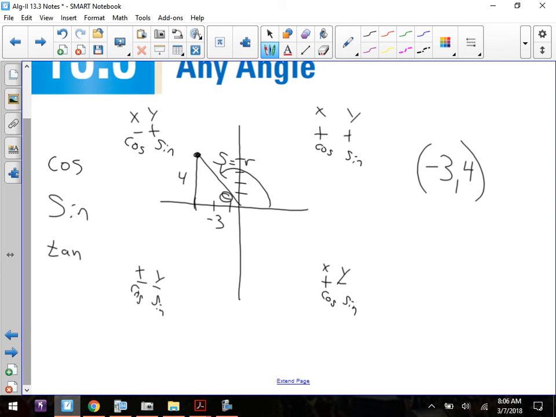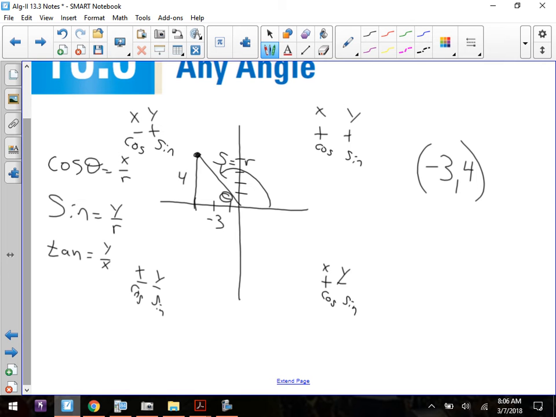So cosine of an angle is going to be x over r. Sine then would be y over r. What's tangent going to be? y over x. So it's opposite over adjacent. It's going to be y over x. Now, if cosine is x over r, what's the inverse trig function of cosine?